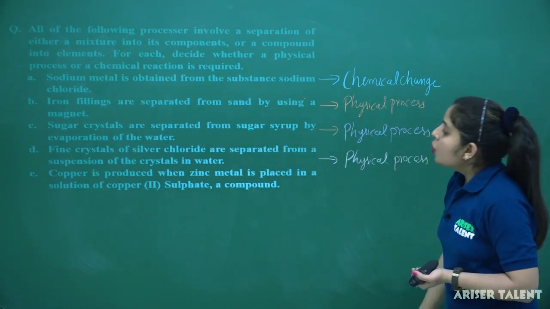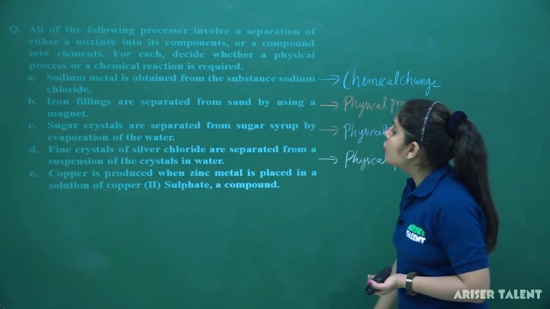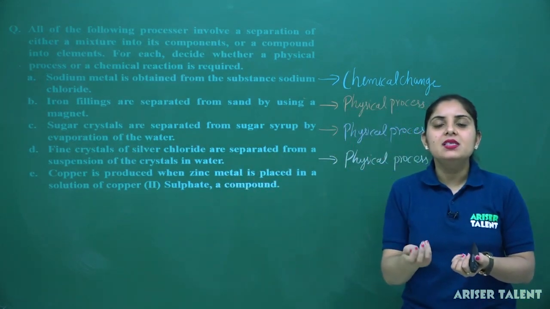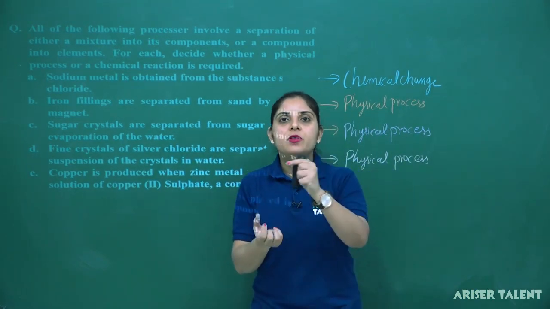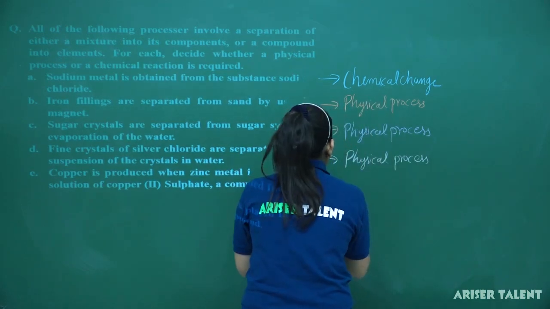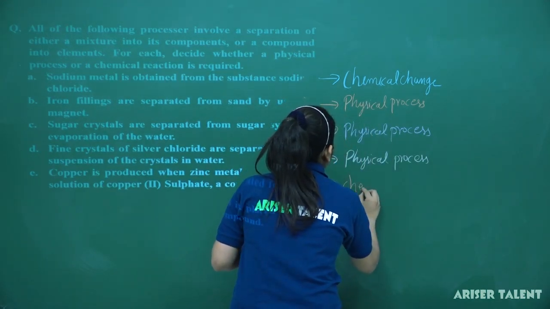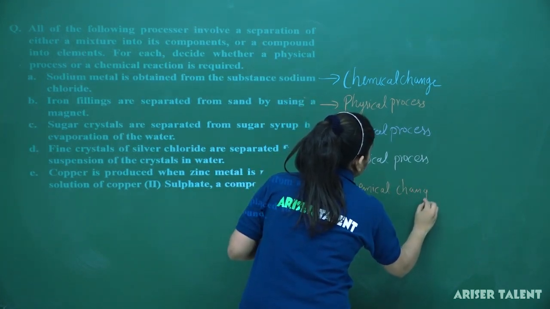The last one is, copper is produced when zinc metal is placed in a solution of copper sulfate. It means there is a formation of a new compound which has properties different from the previous one. This kind of change is considered in the category of chemical change.